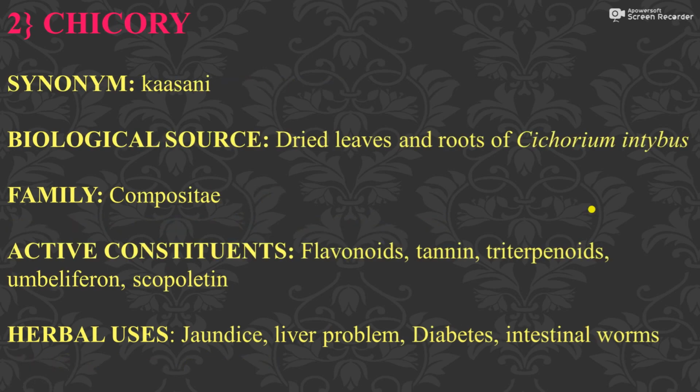Chicory, the synonym is kasani. Biological source of chicory: dried leaves and roots of Cichorium intybus, belonging to family Compositae.